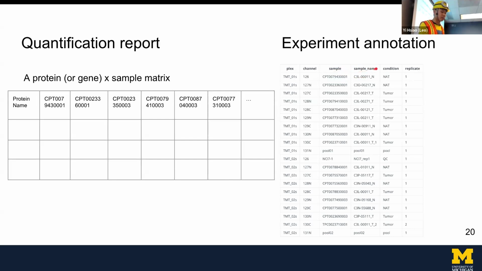We have a sample name column, and we also have a condition. That's the major comparison, since lots of projects are involved, like CPTAC mentioned earlier, cancer projects where we focus on the difference between the tumor versus their normal adjacent tissue, or even compared to different kinds of tumors. So we want to set out the different conditions. And the replicate column is another way to annotate the sample.